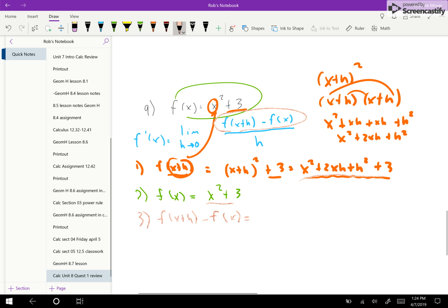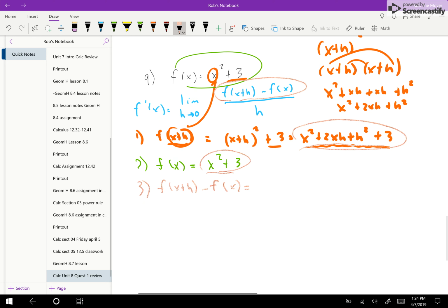So we're going to subtract this all minus this. Let me write this all out. x squared plus 2xh plus h squared plus 3 minus x squared plus 3.